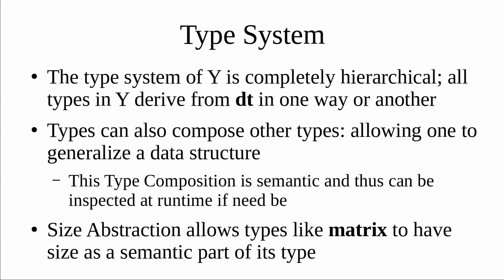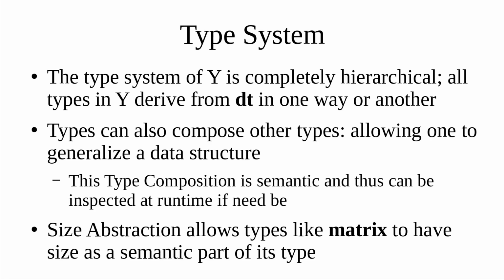And the third thing, size abstraction. Basically, the basics of this is the matrix type. That's a basic type. Basically, when you compile, if you have constants there, it'll tell you if you messed up. And that's one feature of this, but it allows you to do things like the array type has its size, the length, as part of the type.